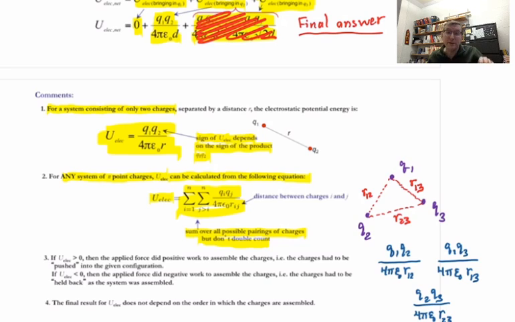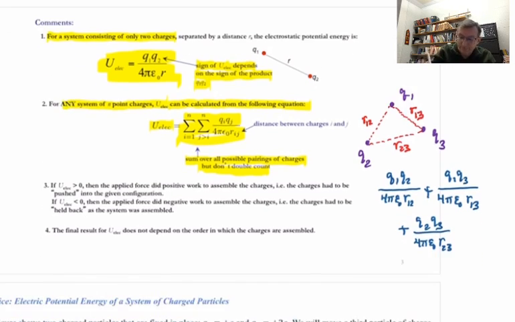Don't do 1 and 2 and then 2 and 1. Each distinct pairing of 2. Take the q's, multiply them over 4 pi epsilon 0 times the distance between them, and then add those terms up. So you would add that plus that plus that in that example, like that little picture I just drew. And that's how you do it.